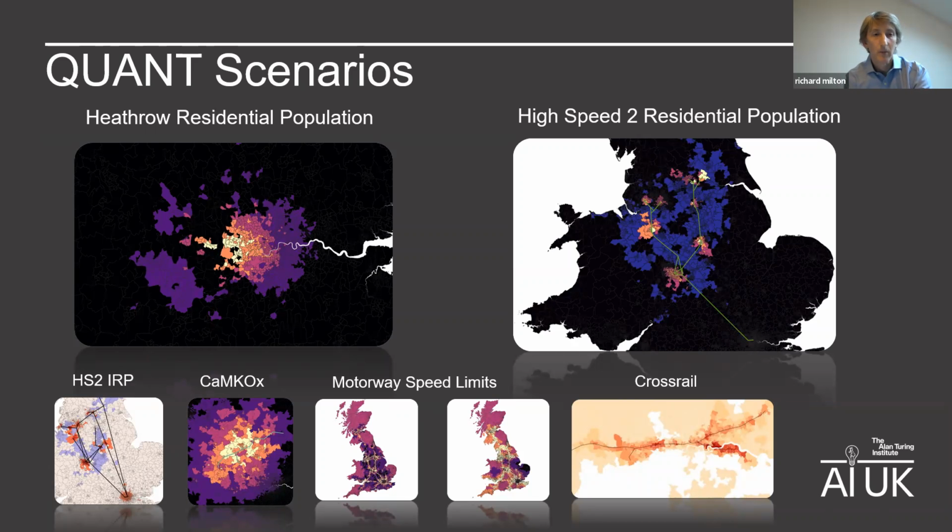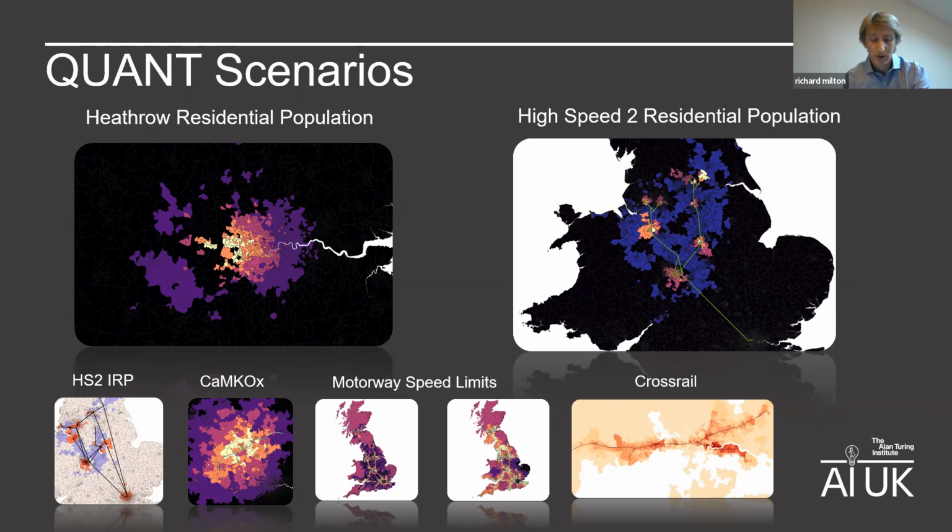The thumbnail on the bottom left is the integrated rail plan, which is the one that the government released back in November. This is a much more complex example. IRP, it involves faster high-speed links, which are built as new links, upgrading existing links, upgrading and building new stations, and interconnectivity with existing metro and existing bus. But when it's modelled, it does look like it's a better plan.